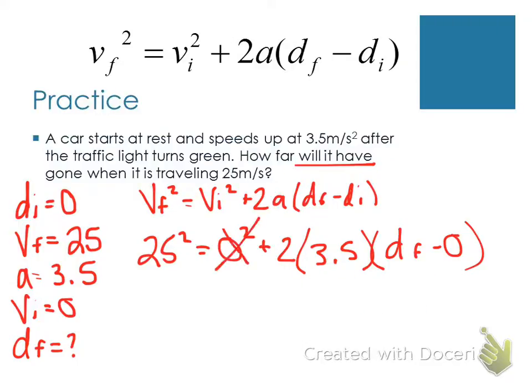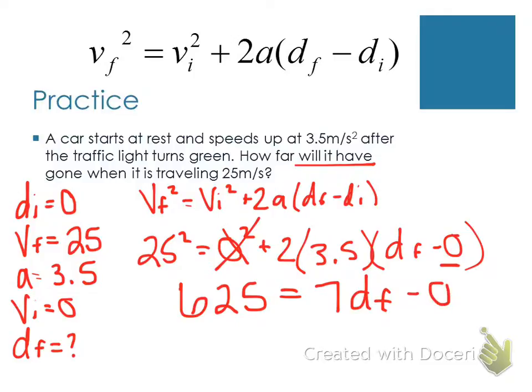Okay, so this 0 drops. 25 squared is 625, equals 7 df. Right? And since this is minus 0, the whole thing over here is minus 0, so we don't need that either. So now we have 625 equals 7 times df. So we're going to divide by 7.